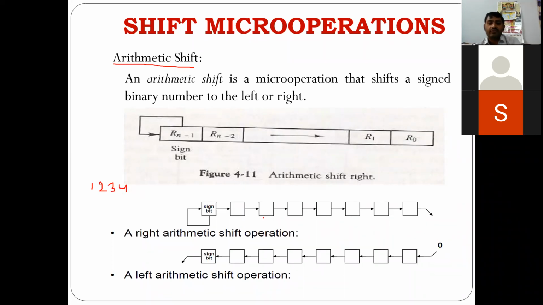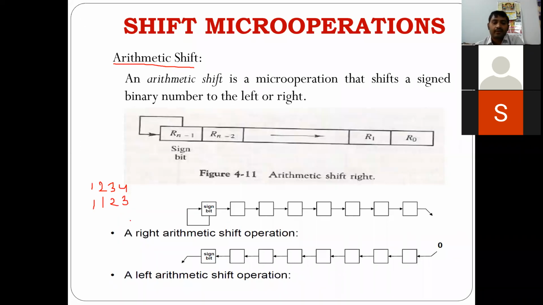If it is arithmetic shift right, generally the sign bit is copied. Sign bit is nothing but the MSB bit. That is copied as it is, and the rest will be shifted, because previously you were inserting 0. Instead of inserting 0, the same MSB bit will be copied as it is and shifted. So 1, 2, 3, in this way.